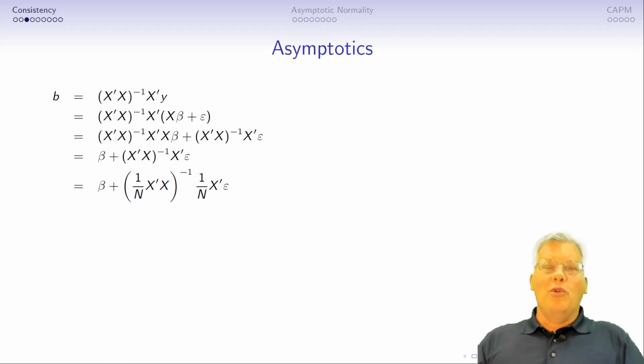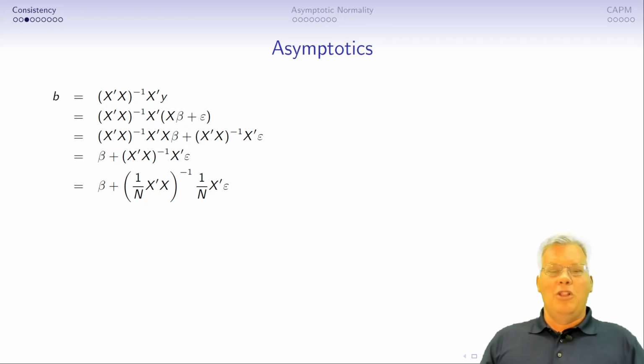Of course, simultaneously multiplying and dividing by n doesn't change the value of that second term. In the first part, I multiply by n. Once I take it inside the inverse of the large round brackets, multiplying by the inverse of 1 over n is equivalent to multiplying by n.